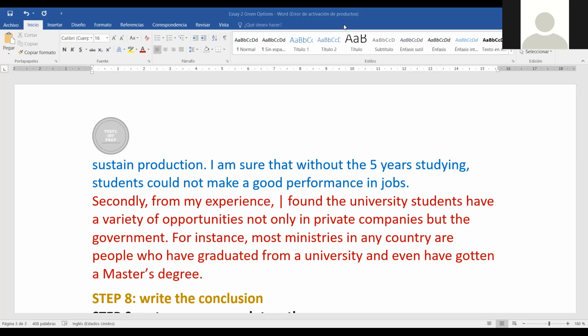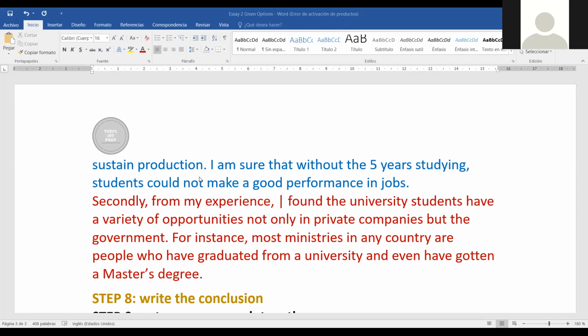Secondly, from my experience, I found that university students have a variety of opportunities, not only in private companies, but in the government. For instance, most ministers in any country are people who have graduated from a university and have gotten a master's degree.